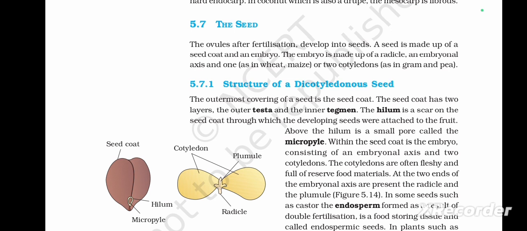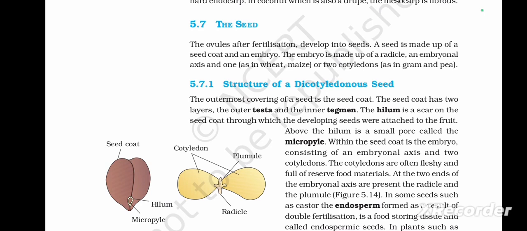Above the hilum is a small pore called the micropyle. Within the seed coat is the embryo consisting of an embryonal axis and two cotyledons. The cotyledons are often fleshy and full of reserve food materials. At the two ends of the embryonal axis are present the radicle and plumule.